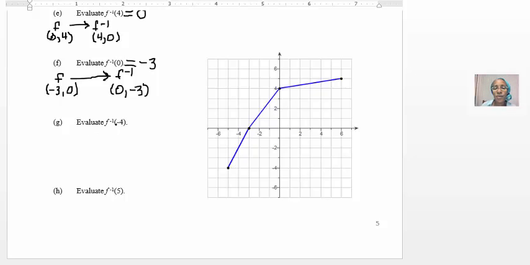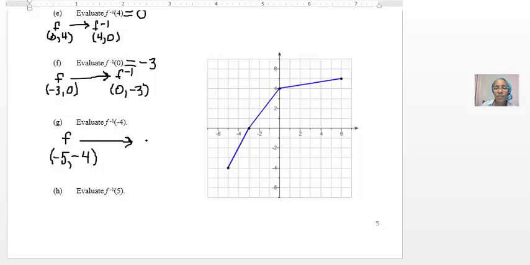Similarly, we have f inverse of -4. All that's telling me is I want to find the x-coordinate of the point on f whose y is -4. And that's the point right here whose y is -4, and the x of that point is -5.